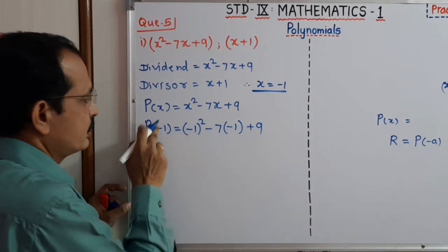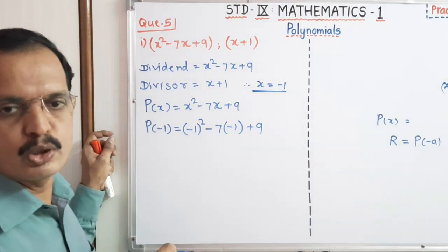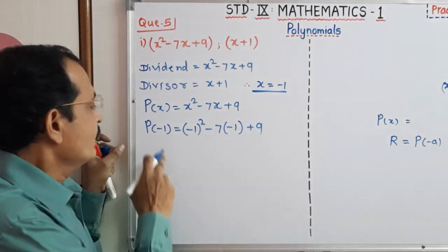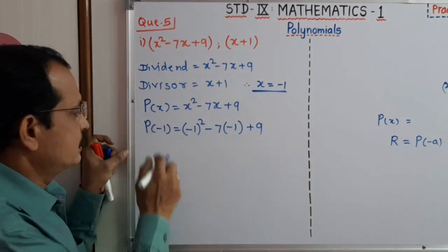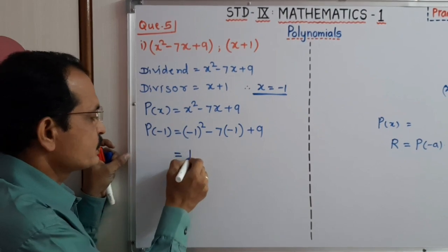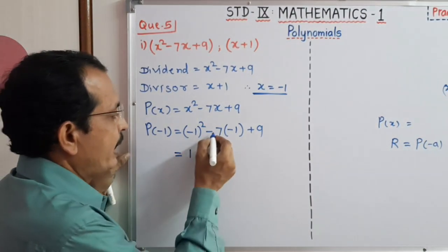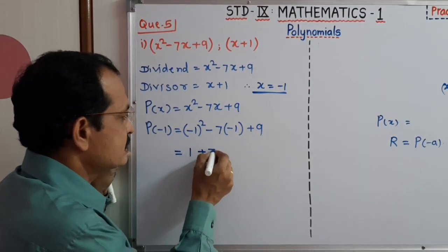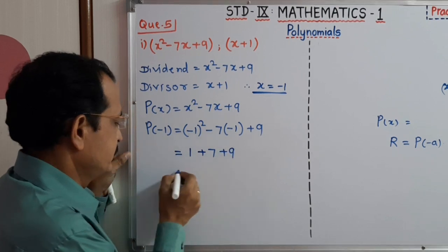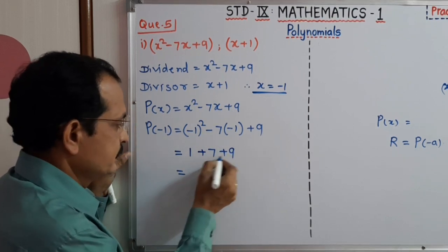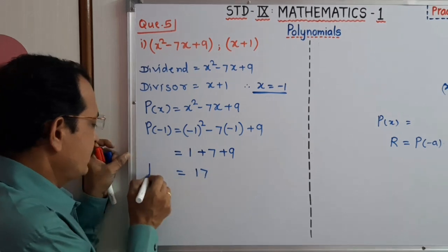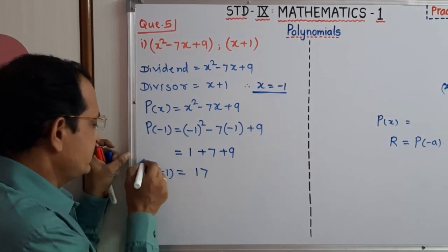We have to find the value of the polynomial for x is equal to minus 1. Now, square of minus 1 is plus 1. Minus 7 into minus 1 is plus 7, plus 9. It is 17. Therefore, p(minus 1) is 17.